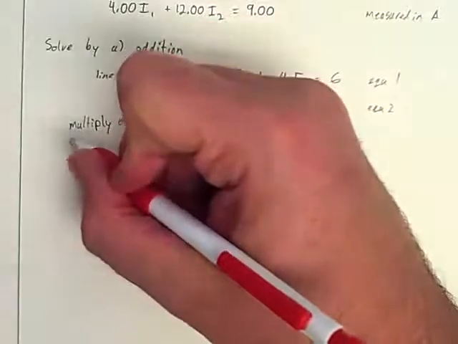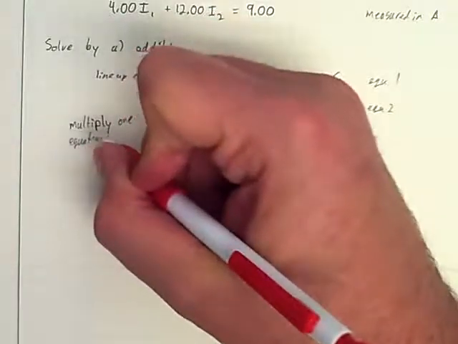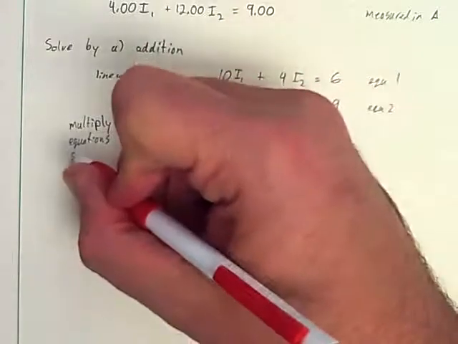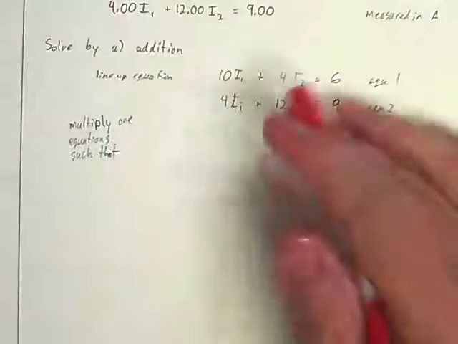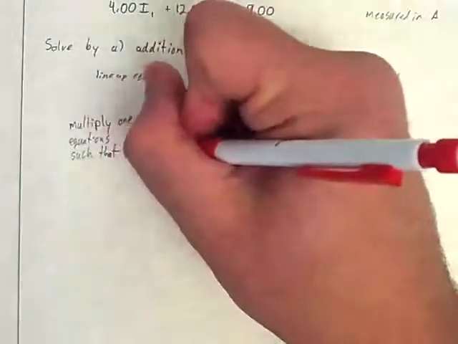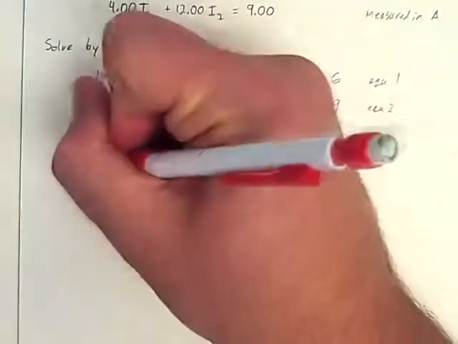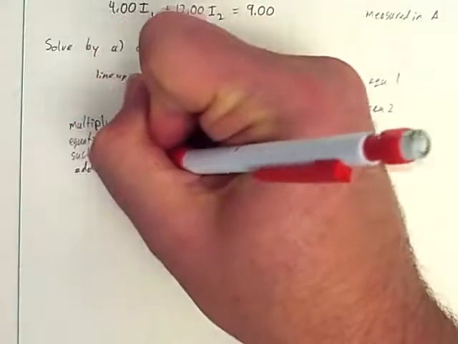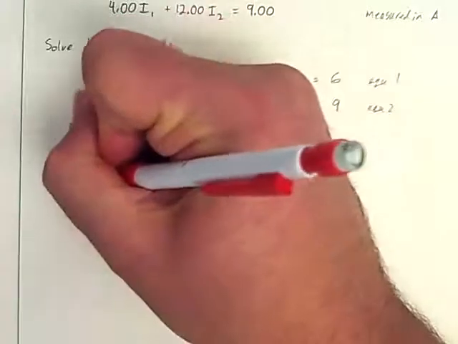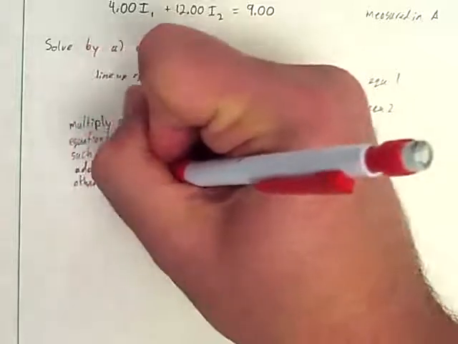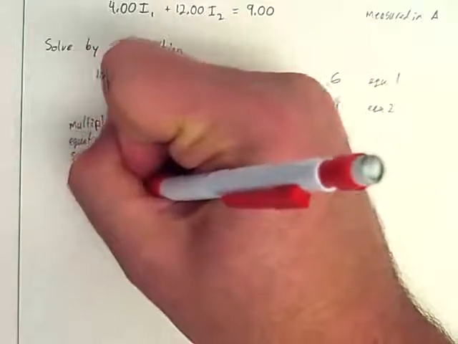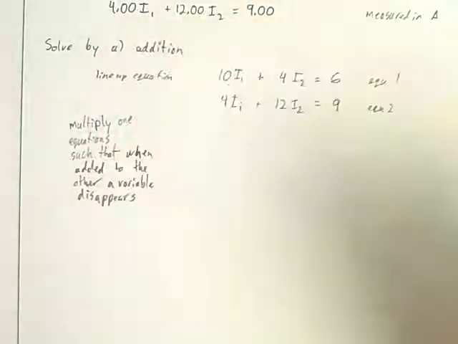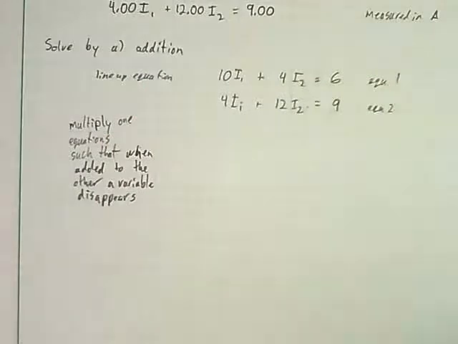Then we must multiply one of the equations such that when we add it to the other, one of the variables disappears. What I mean by that is basically that the coefficient for one of the variables becomes 0, which is how we get it to disappear.